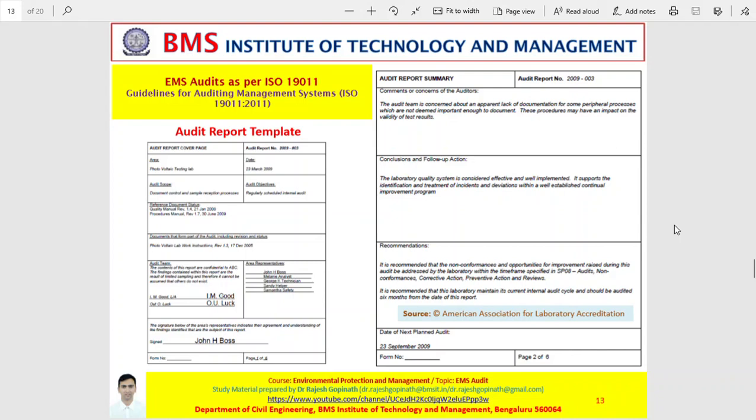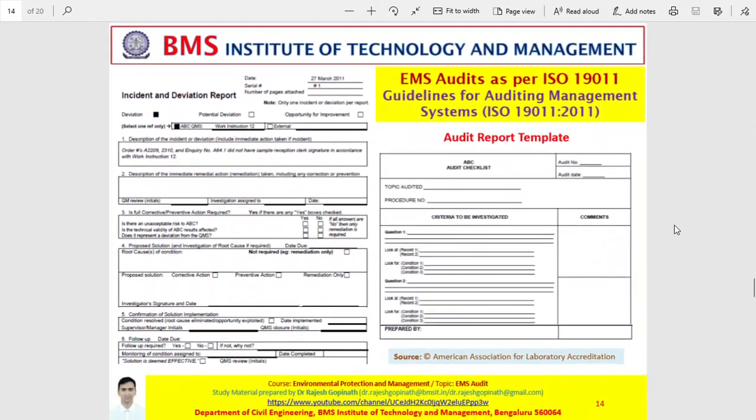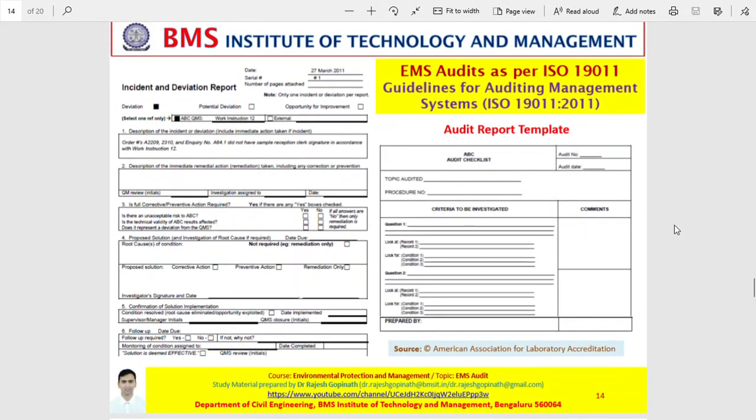These templates seek inputs, feedback, recommendations and observations. These templates, especially slide 14, it speaks about incident and deviation report. So this template also will highlight incidents, which basically highlights the effectiveness of the EMS which is there in the industry.